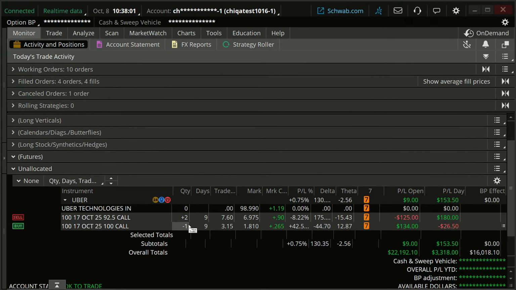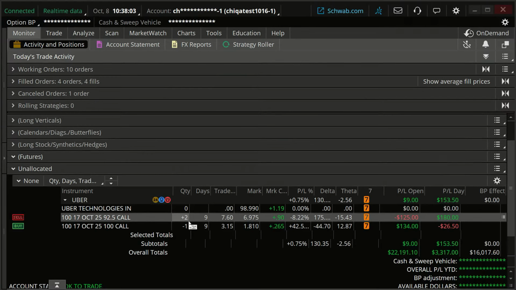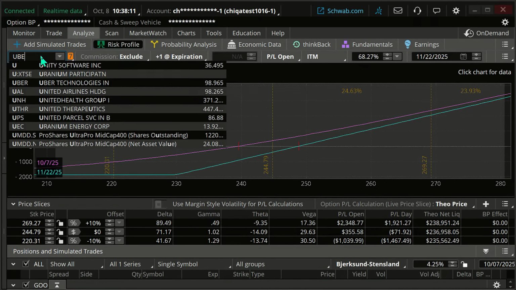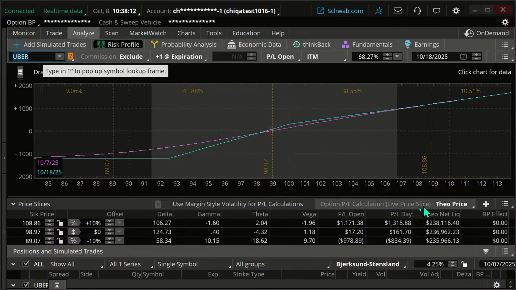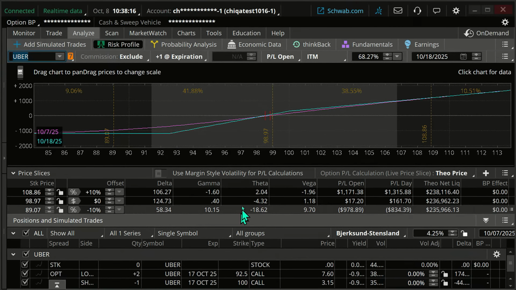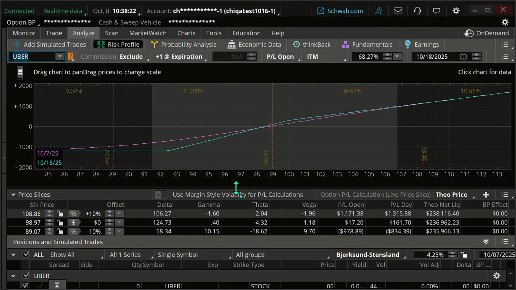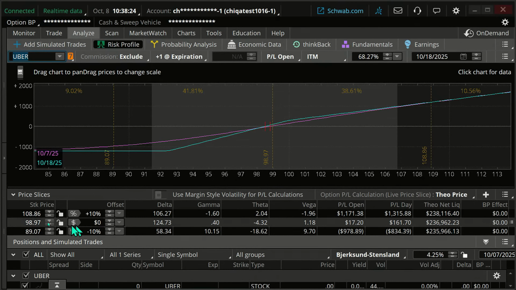Well, that's why the Analyze tab is your best friend, folks. You go to the Analyze tab, you put in your symbol, go down and make sure you don't have any other simulated trades in here. I don't think I do. No, I don't. And now I can view what this trade looks like. 98.97, that's the current price of Uber.